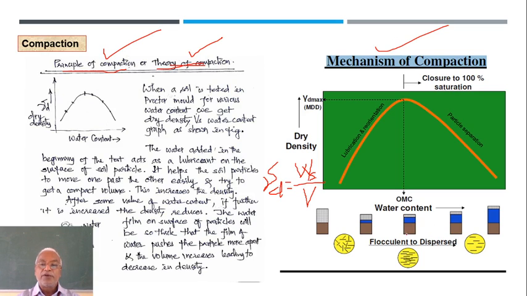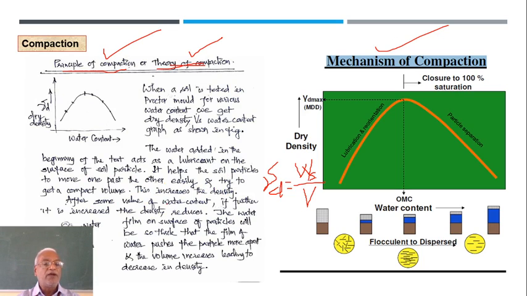Here also you can see a slight decrease in the volume, because of that Ws by V becomes maximum. When you add the water further, that point is over here, this increases the density. That is, when the soil particles slip and get into a densest state, the particles get compacted in least volume. This increases the dry density.